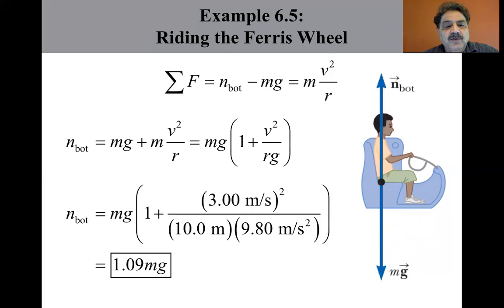You substitute the numerical values for the speed and radius: 3 meters per second squared, divided by the 10 meter radius and g of 9.8 meters per second squared. That ends up 0.09, and you add the 1, it's 1.09 mg.